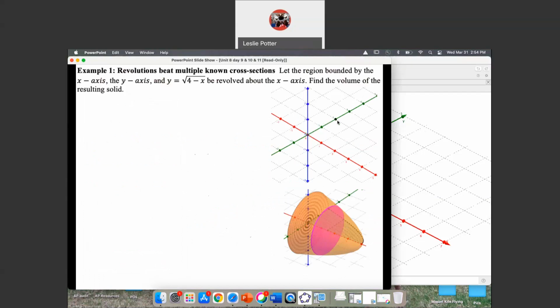And so, if we look at doing that using a revolution, then what we're saying here is we're going to set up this parabolic relationship in the xy plane. So when x is equal to 0, y is equal to 2. When x is equal to 4, y is equal to 0. And I've got intermediate points here. Let's see, let x equal 3, and then we know y equals 1.